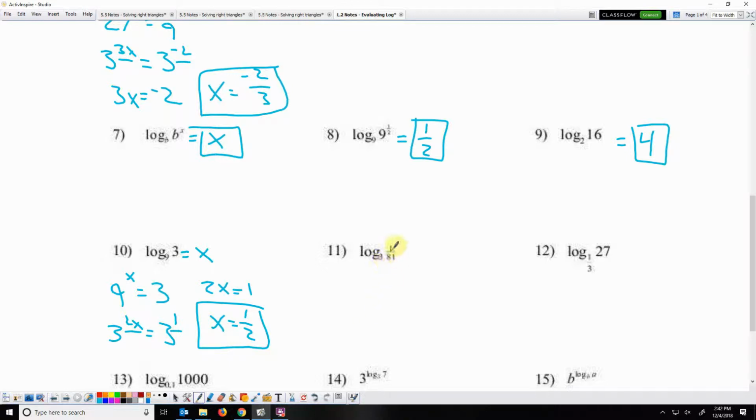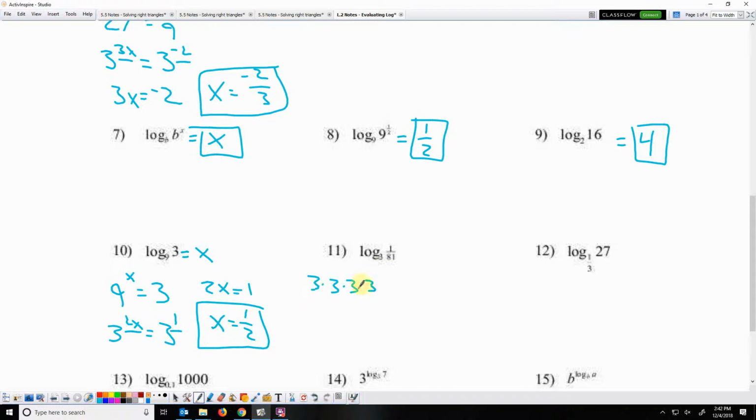3 to what power makes 1 over 81? So the first thing we need to think of is 3 to what power makes 81. Forget about the 1 over 81. 3 times 3 is 9, times 3 is 27, times 3 is 81.